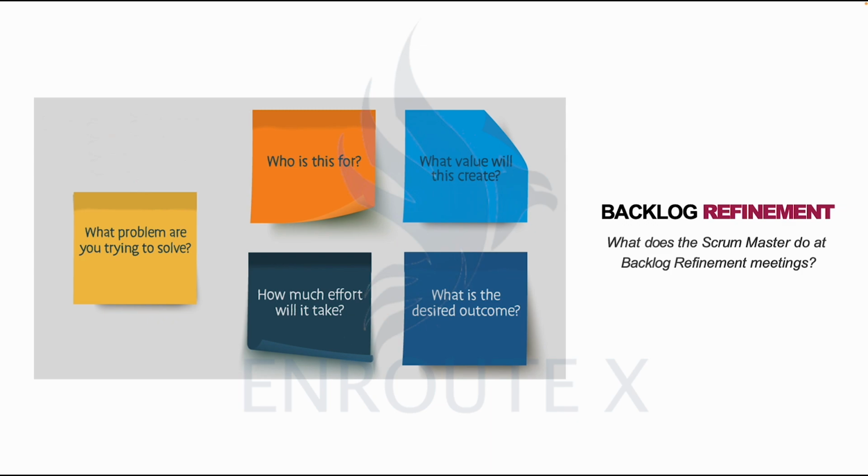And we said in module 2 that the backlog refinement meeting is to prepare future sprints. It is on the product backlog. Why are we refining the product backlog? We are refining it in preparation for future sprints.